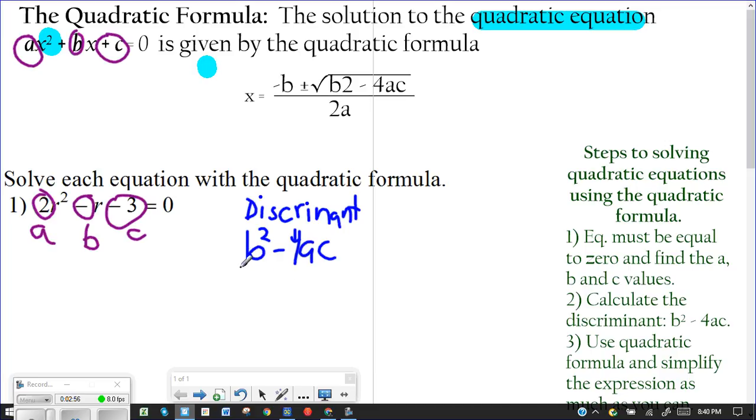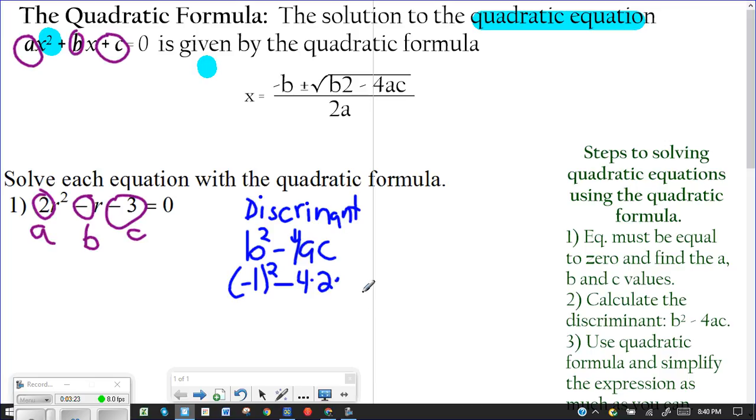What is the b value? My b is -1. So (-1) squared, because if it's a negative, you must put it in parentheses, minus 4 multiplied by a. What is the a value? The a value in this problem is 2, so I'm going to put in the 2.